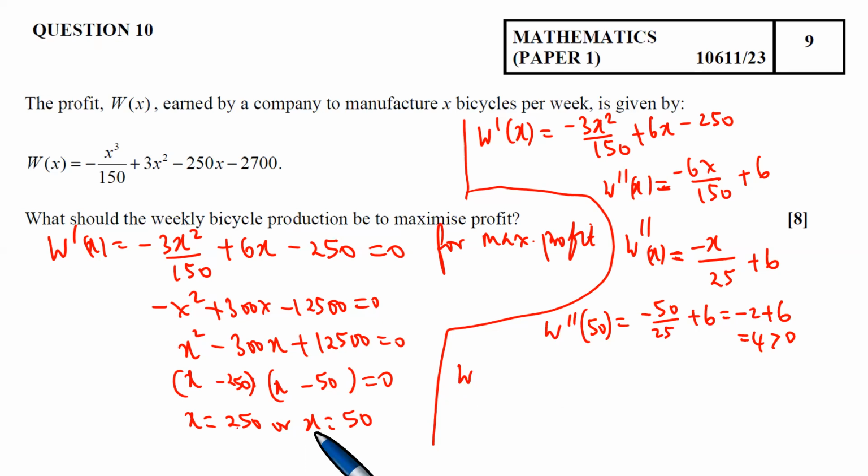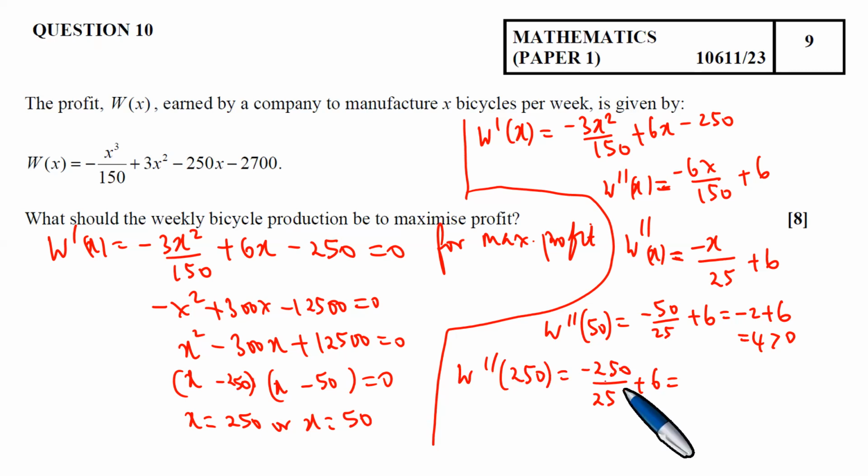Let's also substitute 250 into the place of x, W double primed of 250. It's going to become minus 250 out of 25 plus 6.